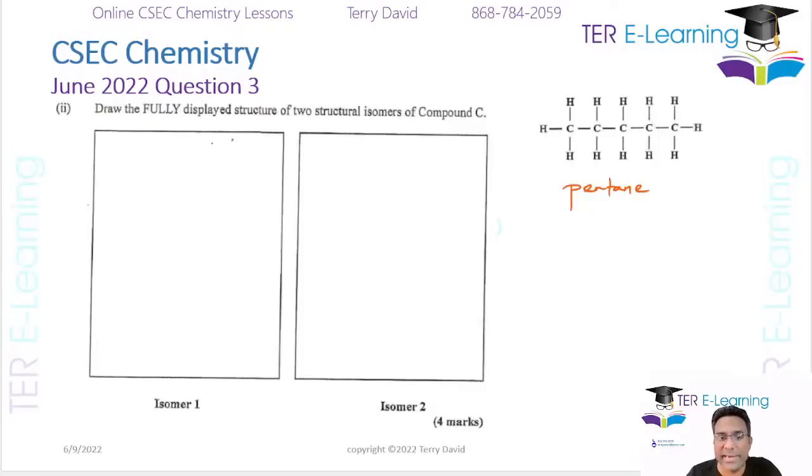So the easiest thing I could draw here is to draw 1, 2, 3, 4. Drop a carbon here. So this is the easiest one I can draw, right? Do they want the name of it? I'm not sure if they want the name as yet. Right?